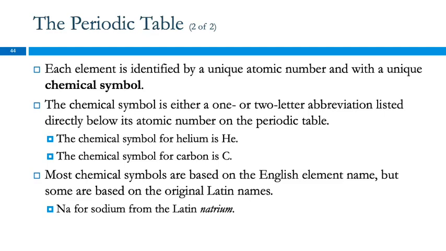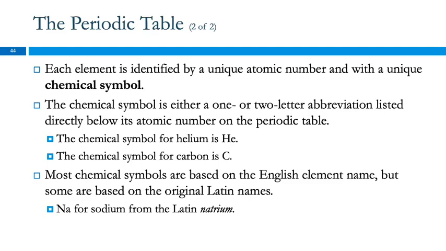Most of these symbols are based on the English name, carbon, C, that makes sense. But some of them are based on Latin or Greek names. And so the symbol Na for sodium, when the letters N and A don't appear in the word sodium at all, doesn't really make much sense on the surface, but it's from the Latin name natrium. So it's the first 2 letters of the Latin name.